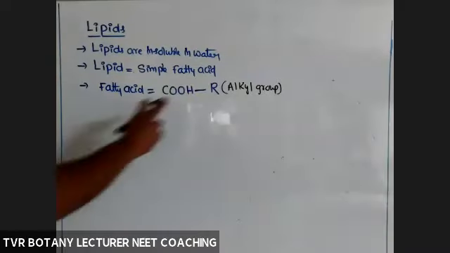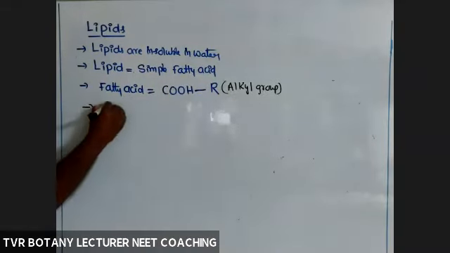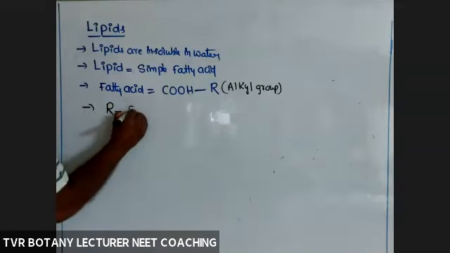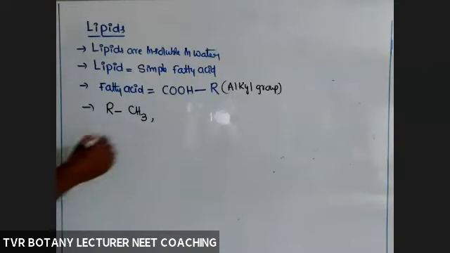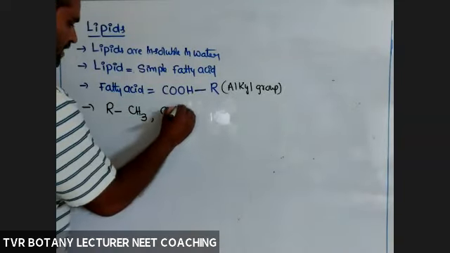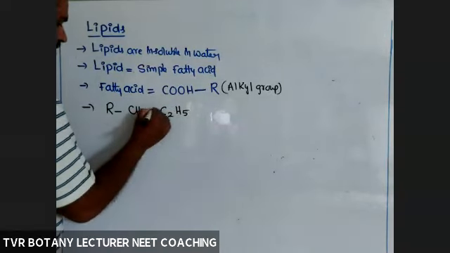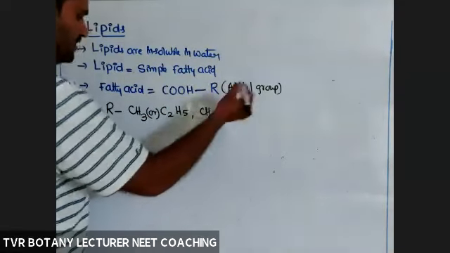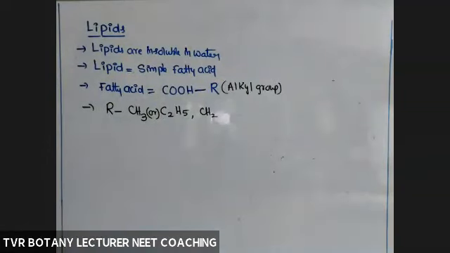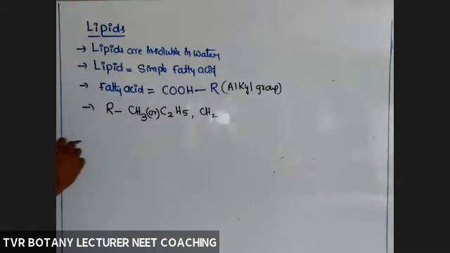Okay, right? Next, here R group is represented by R alkyl group, either CH3 methyl or C2H5 ethyl or higher number of CH2 like that. Okay, all right. So next R group, number of carbon atoms present in R group.